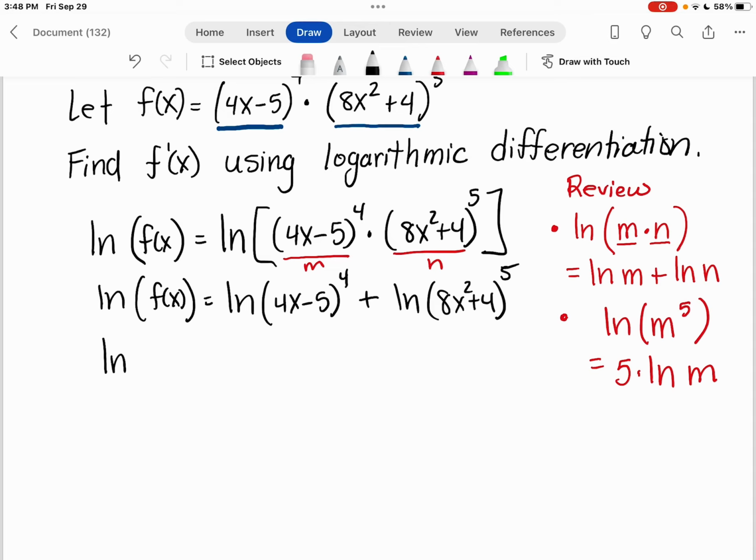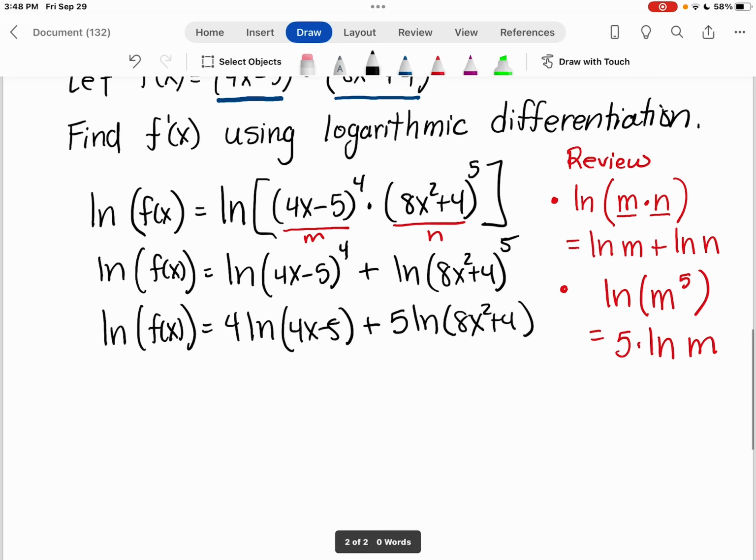I'm just going to keep carrying down this natural log of f of x. The 4 comes down in front of the natural log, so I have 4 natural log of 4x minus 5 plus, now the 5 comes down in front as 5 natural log of 8x squared plus 4.